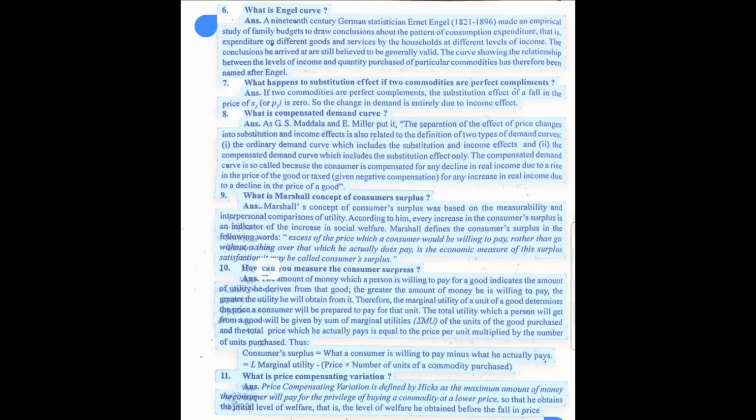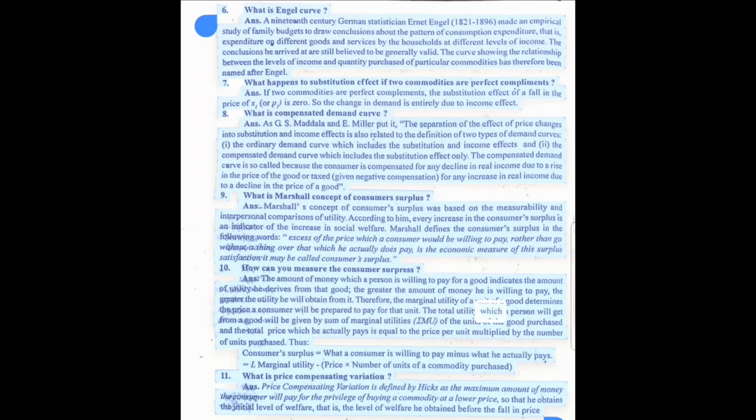10. How can you measure the consumer surplus? The amount of money which a person is willing to pay for a good indicates the amount of utility he derives from that good. The greater the amount of money he is willing to pay, the greater the utility he will obtain from it. Therefore, the marginal utility of a unit of a good determines the price a consumer will be prepared to pay for that unit.